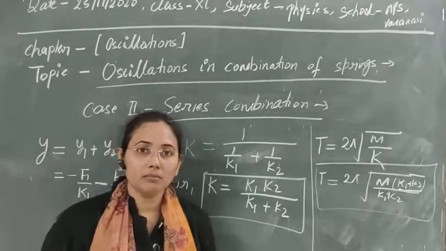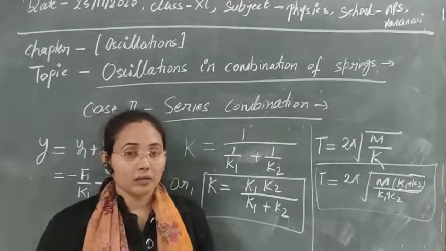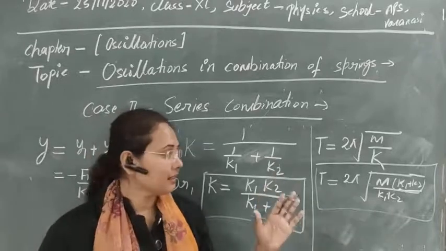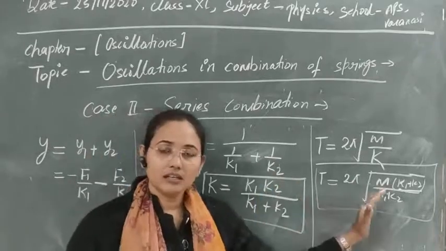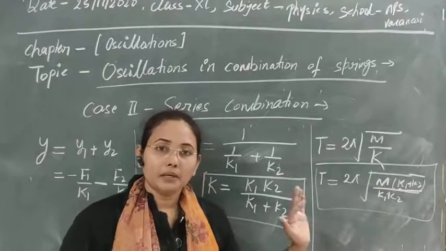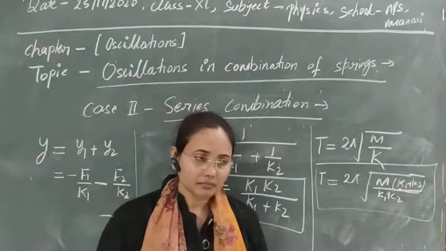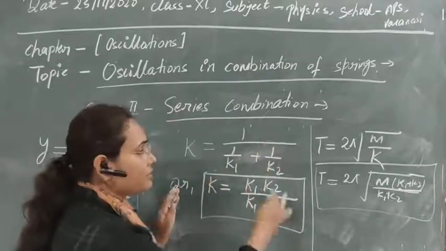So oscillations will be more rapid in parallel, but less rapid in series. In series the oscillations will be slow, but in parallel they will be fast.